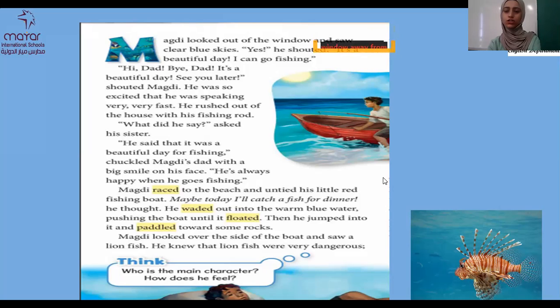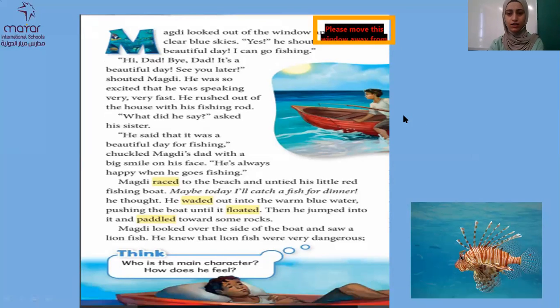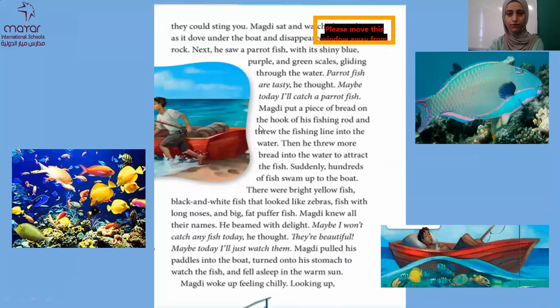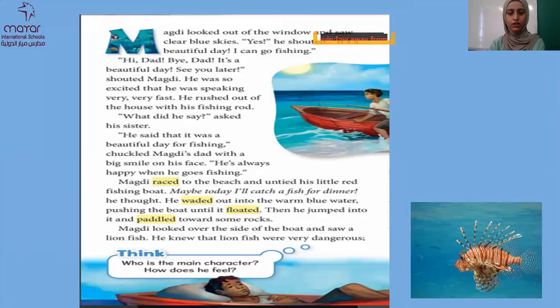Thank you so much, Dana. Excellent. All right, so before we continue reading, let's discuss what we have read. Guys, first of all, as you see, Majdi was excited. Why was Majdi excited, Ibrahim?